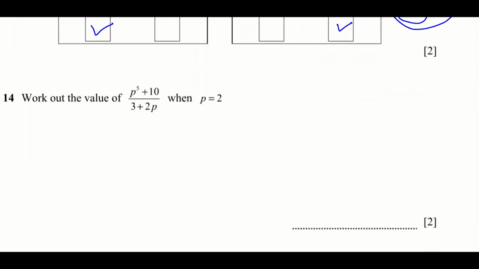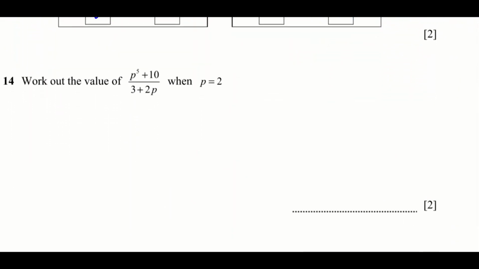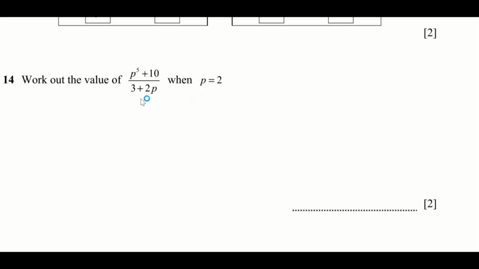So question 14, work out the value of p to the power of 5 plus 10 over 3 plus 2p when p is equals to 2. So this would be 2 to the power of 5 add 10 over 3 plus 2 into 2.